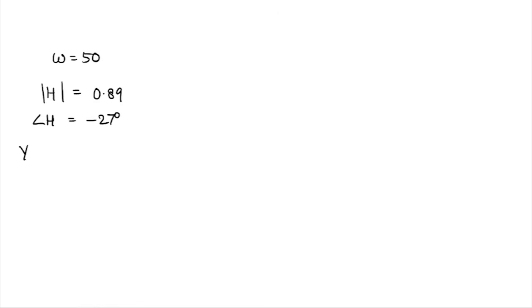That means y would be x but reduced in magnitude by a factor of 0.89 and would have a phase shift of 27 degrees. Whatever was the amplitude, say 0.707, is now changed by a factor 0.89, and the angle that was actually 0 is now changed by minus 27. So it becomes minus 27.